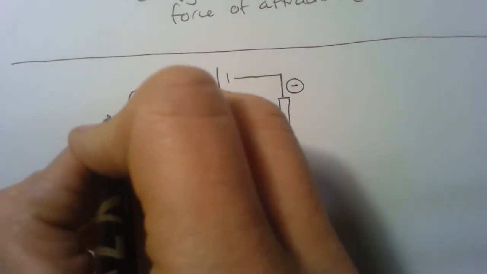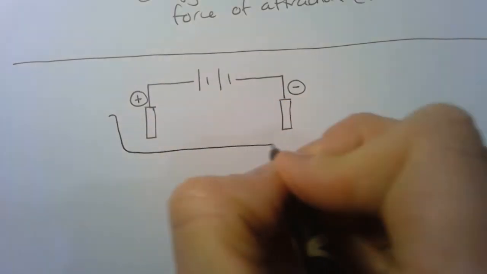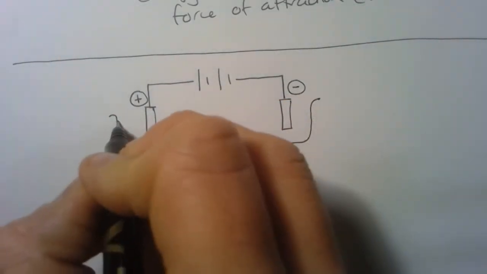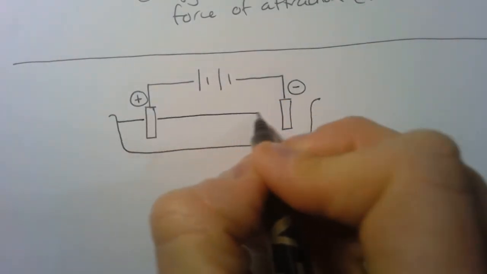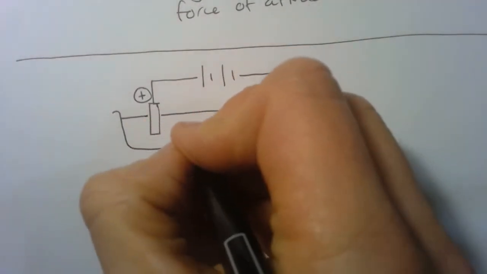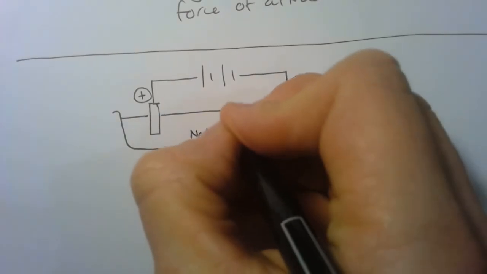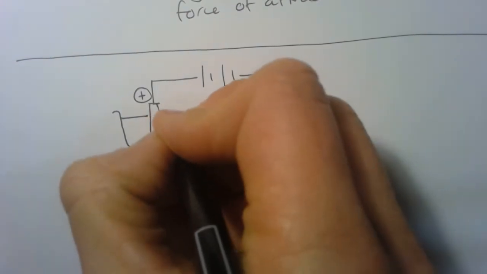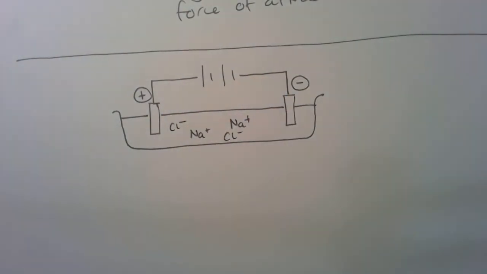And if I've got a liquid ionic compound in between there, it will conduct electricity. I'm just going to draw a few of the ions now. So a couple of sodium ions and a couple of the chloride ions.